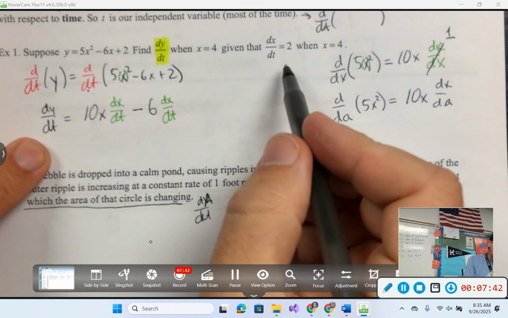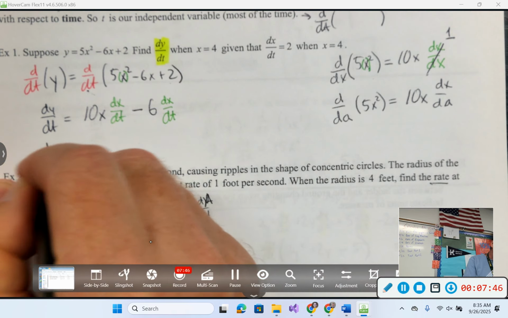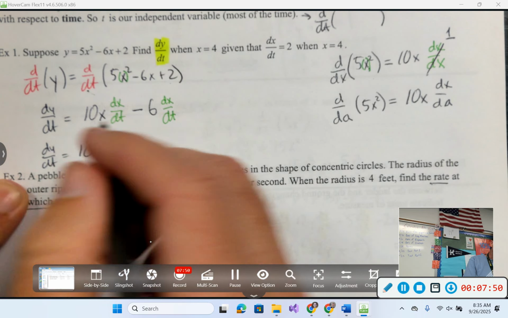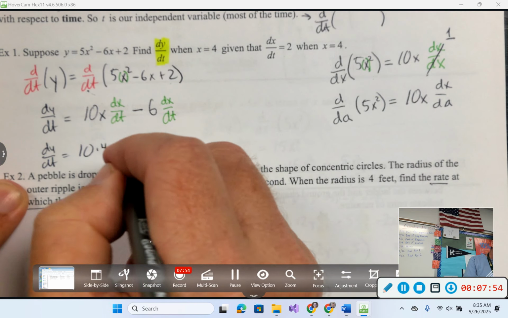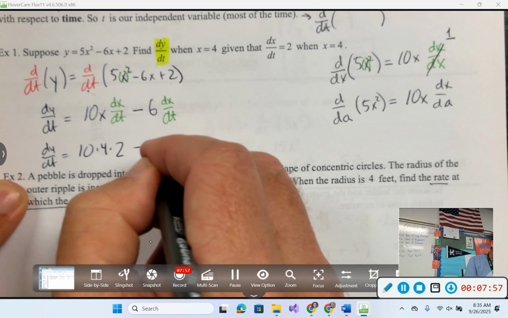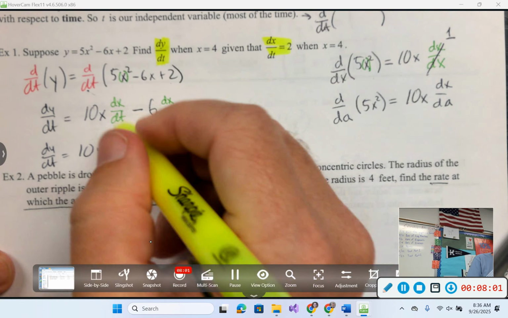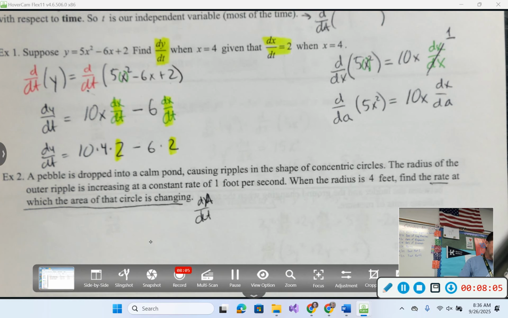Okay, the rest of the problem is easy because now we're just plugging pieces in. Find dy dt when x is 4. So 4 goes in for x. dx dt is 2. So 2 goes in for dx dt.